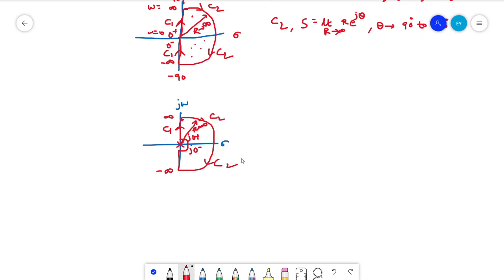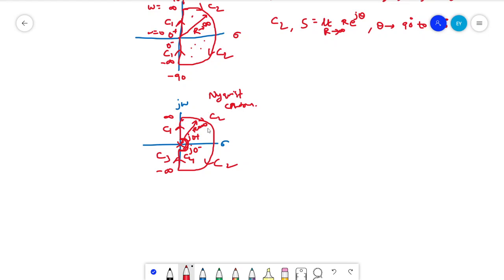So this is also C2, and this particular part we can take as C3, and here one more is there, this particular part we can take as C4, right? So for this particular plot contour, this is called Nyquist contour.